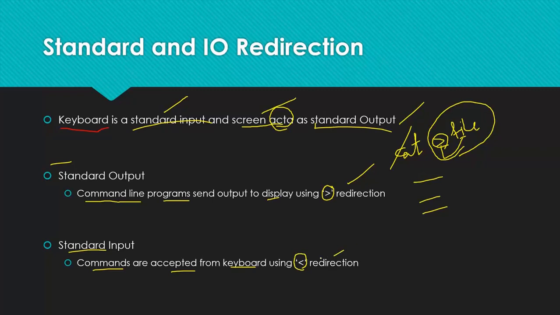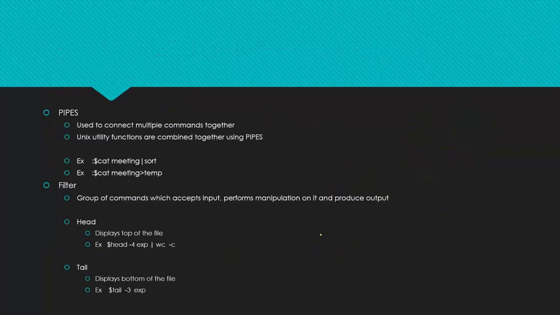This redirection operator will be used to read the input from the default device, which is our keyboard. Those are our standard input, output, and redirection symbols. This symbol is for output, and this symbol will be used for input. The standard input device is the keyboard, and the standard output device is our display device.